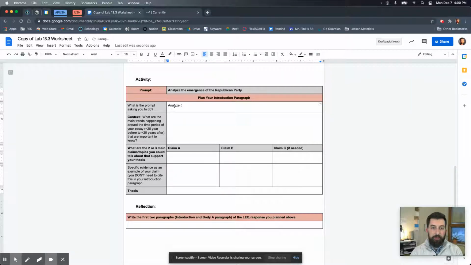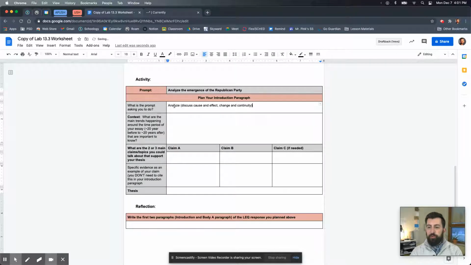which basically means either discuss cause and effect, change and continuity, really any of those historical thinking skills.